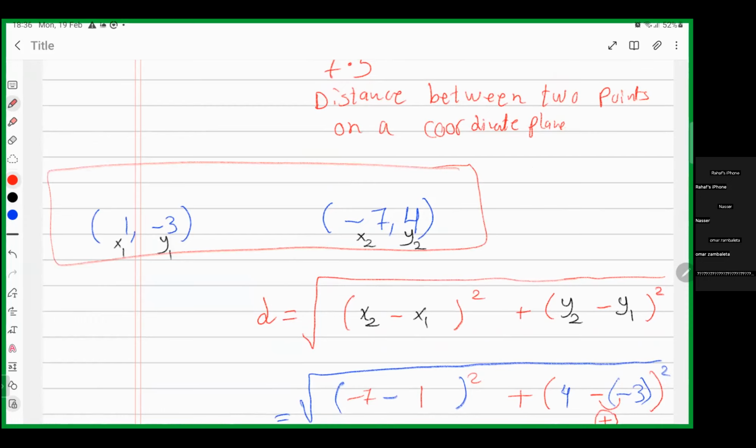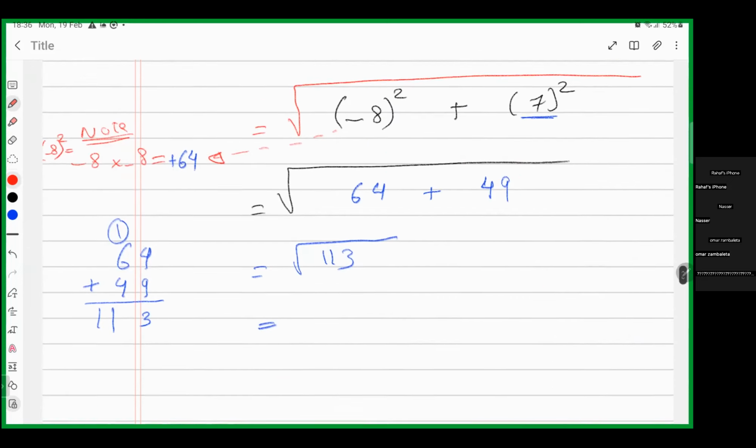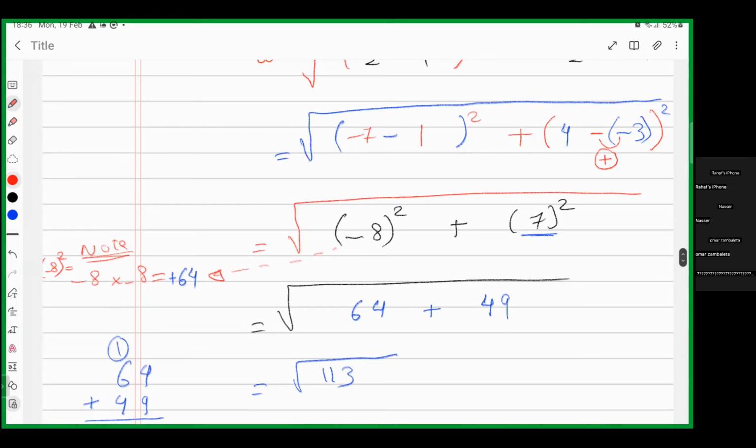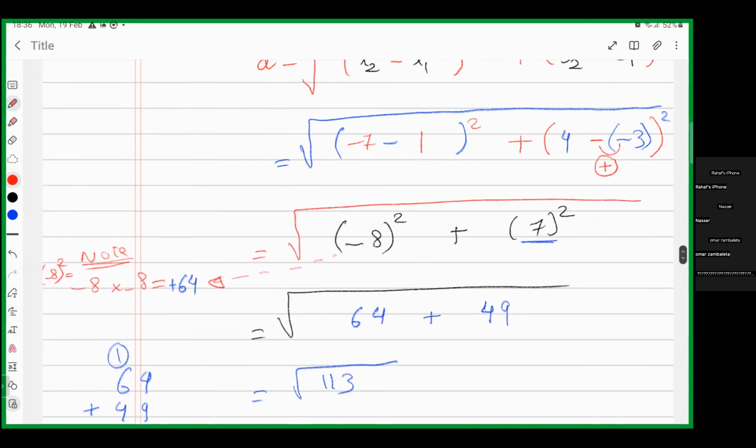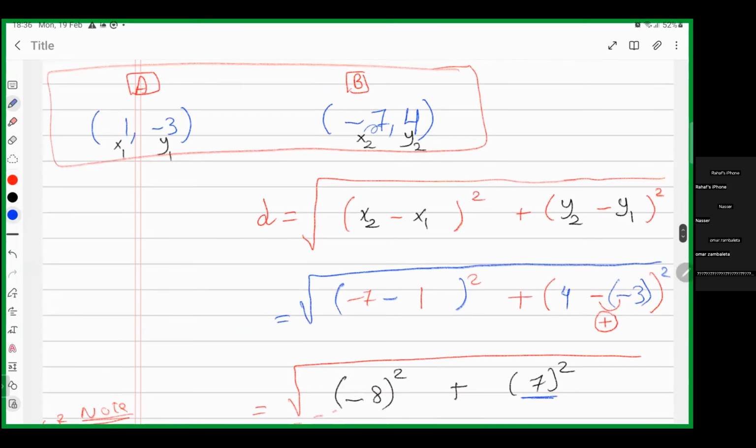Is it okay if you repeat the second part, starting from the negative 7? Okay, let's see here again. x2 minus x1. What is x2 here, Rahaf? Negative 7.